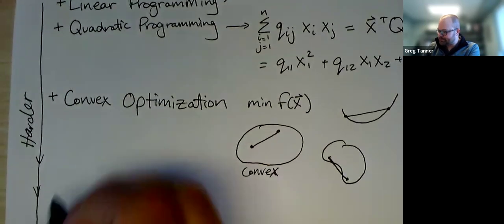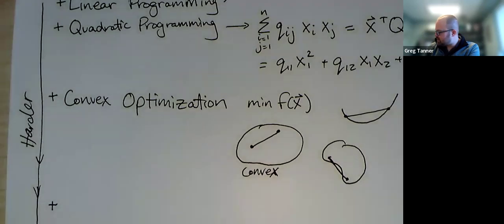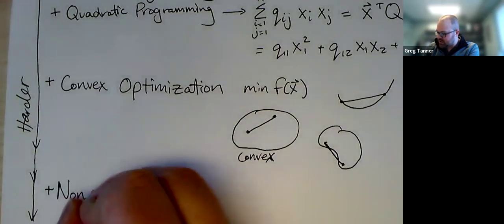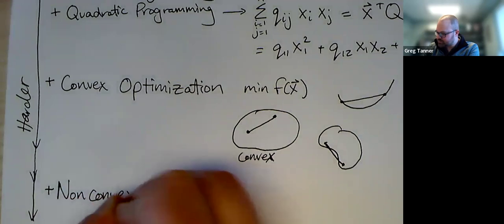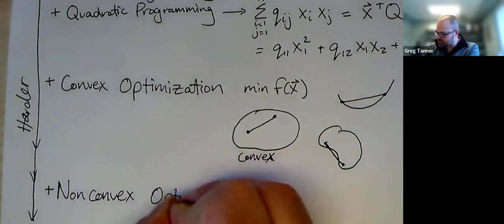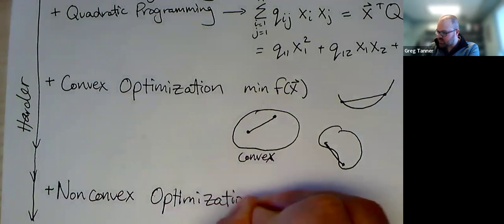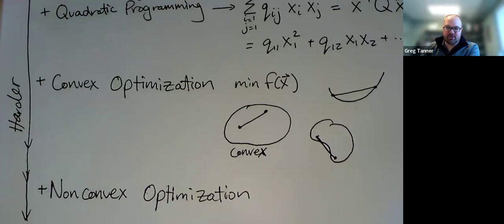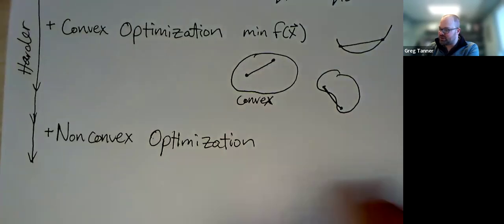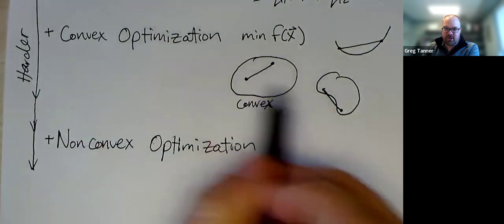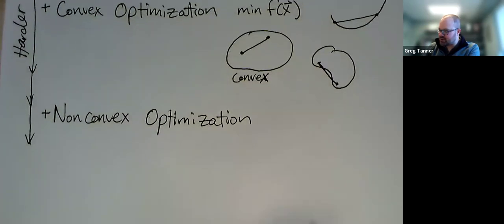And then the not so nice ones are when you have to deal with what's called non-convex optimization. I'll talk a little bit about the big challenge of non-convex optimization that makes it so much harder than dealing with convex optimization.